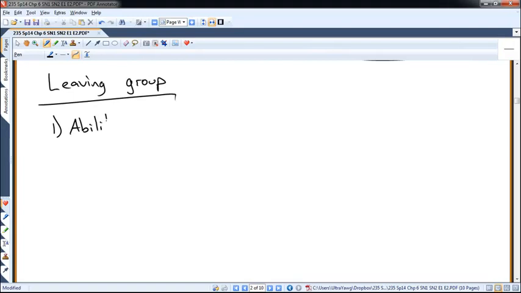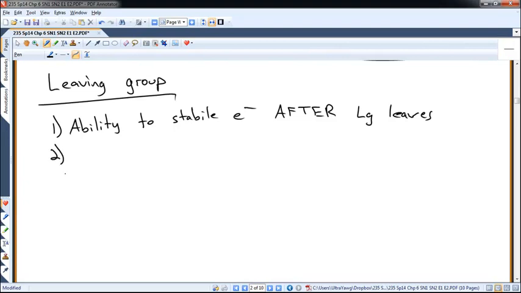The first is the ability to stabilize electrons after the leaving group has left the molecule. The better it is able to stabilize those electrons, the more willing it is to leave, because the more stable the corresponding ion or molecule that you're forming is.